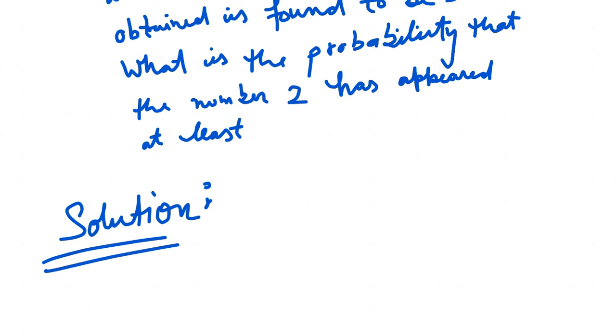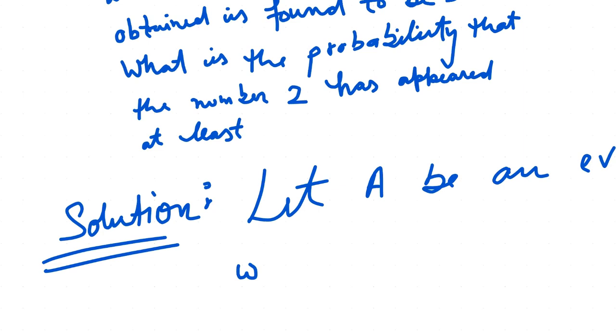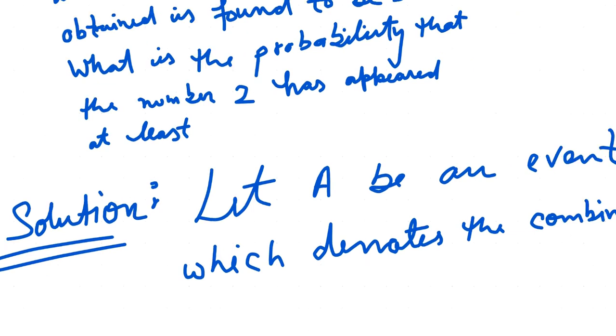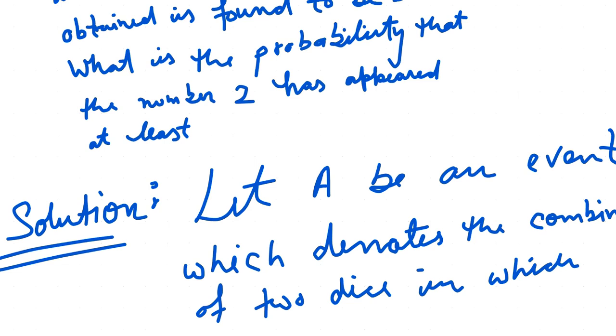So first of all, let us take event A, which denotes the combination of two dice in which 2 appeared at least once.